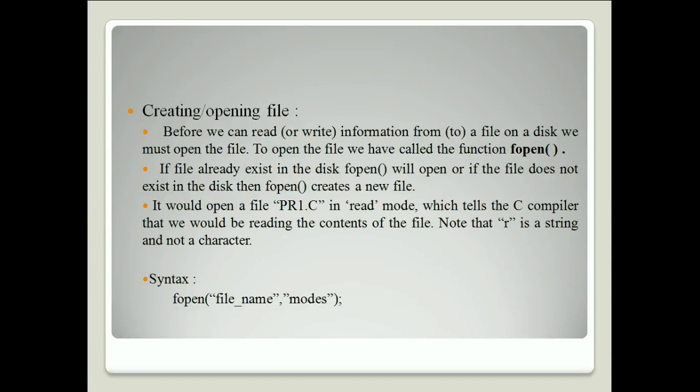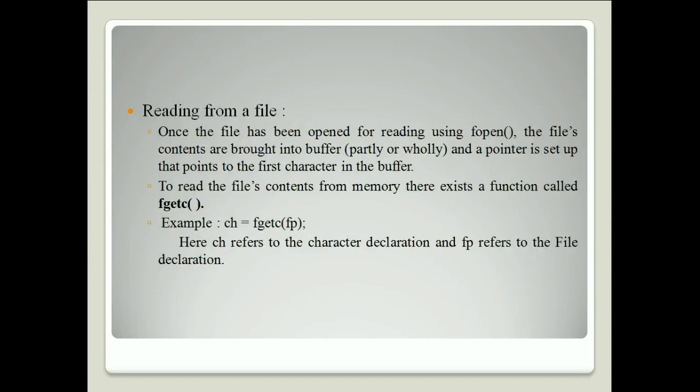It would open a file like fpr1.c in the read mode, which tells the C compiler that we would be reading the contents of the file. Note that r is a string and not a character. The syntax of the fopen function is fopen, file name and the mode.